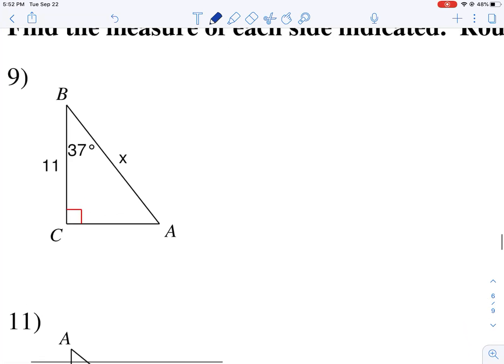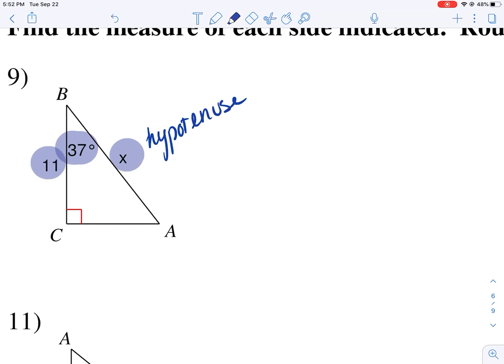The other alternative is if we are looking for a missing side length, okay? So here we have an angle given to us, an angle of 37 degrees. The side here that we're looking for is the hypotenuse. And the side over here, 11, that would be adjacent to that angle.